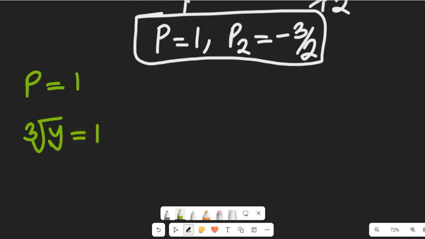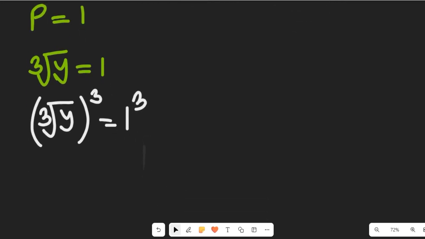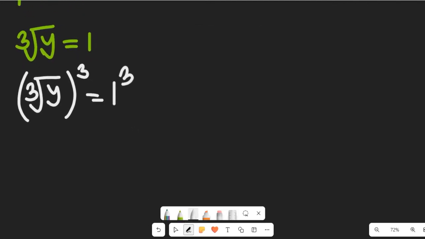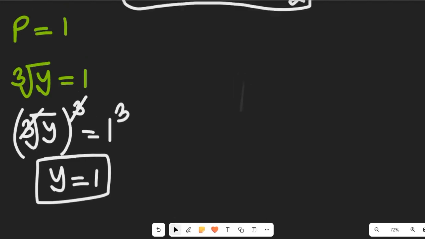We'll simplify this by cubing both sides. We'll have the cube root of y, all cubed, equal to 1 cubed. And 1 cubed is equal to what? Is equal to 1. While this clears this, y is equal to 1. So we'll have y equal to 1 as the first solution.